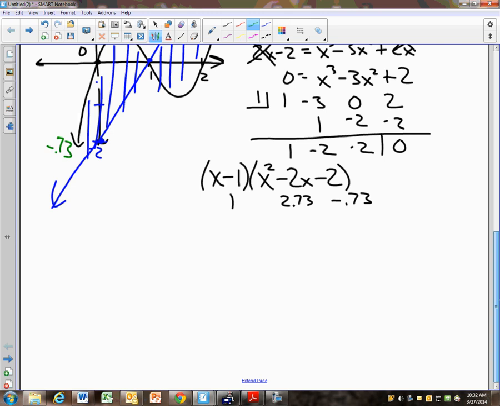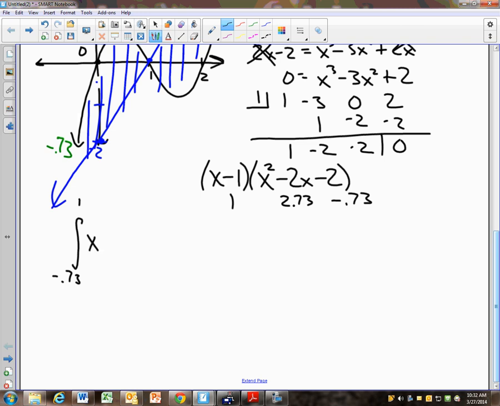So, let's set it up. My first integral will go from negative 0.73 to 1. And then what's the top function?